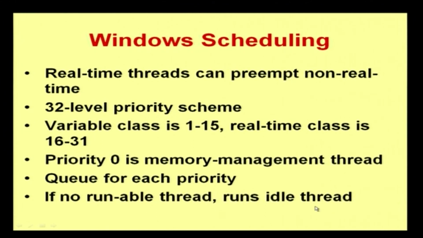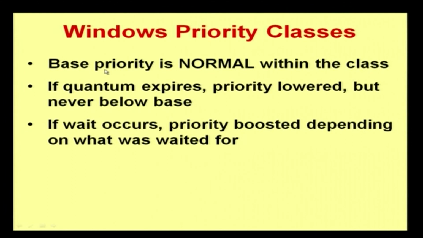So this is about Windows scheduling. Then we will see the Windows priority classes. Here the base priority is normal within the class. If the quantum expires, priority gets lowered but never below the base level. If a wait occurs, priority is boosted depending on what the process was waiting for.